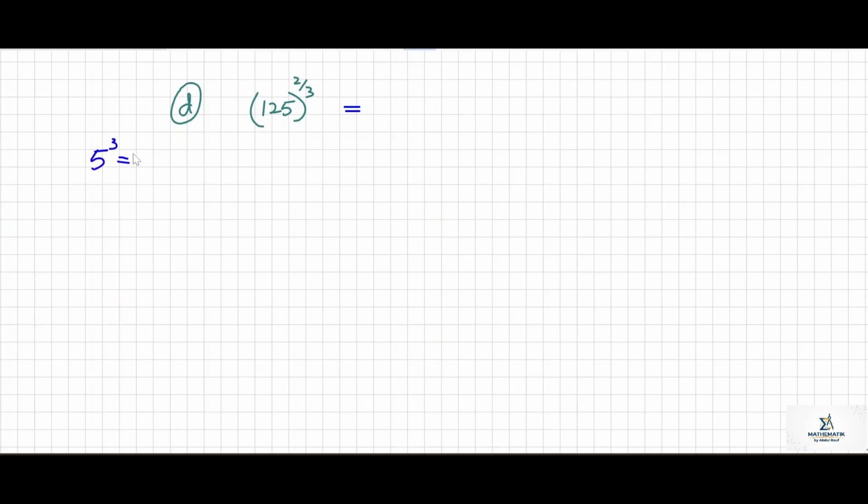Let me confirm. 5 into 5 you will get 25, and 25 into 5 you will get 125. So we can write 125 as 5 raised to 3, and the whole raised to 2 by 3.